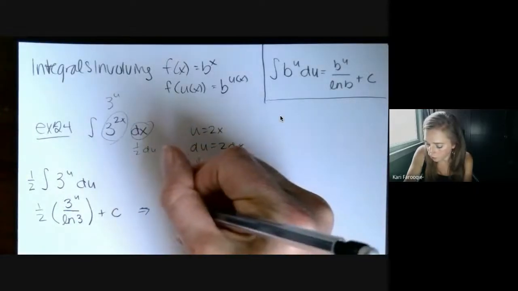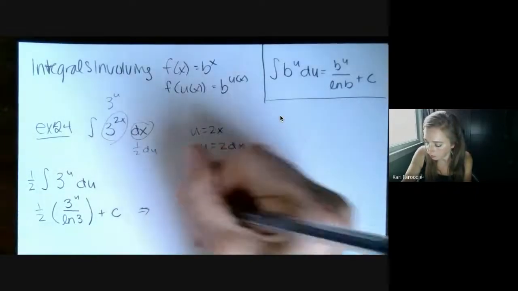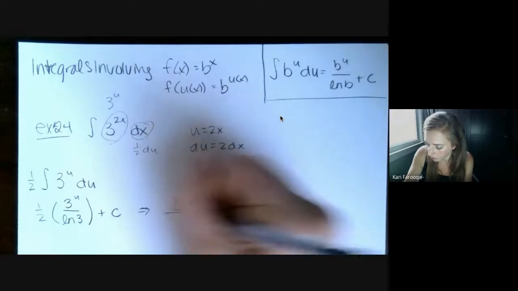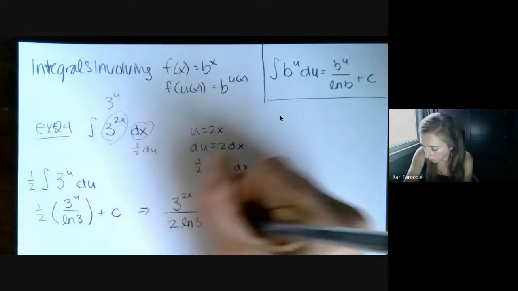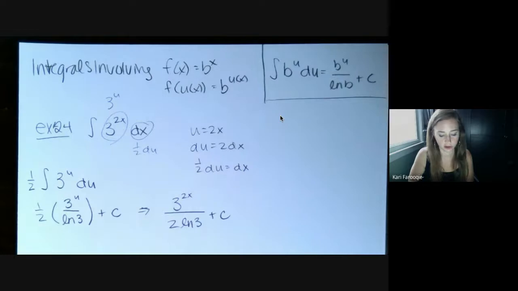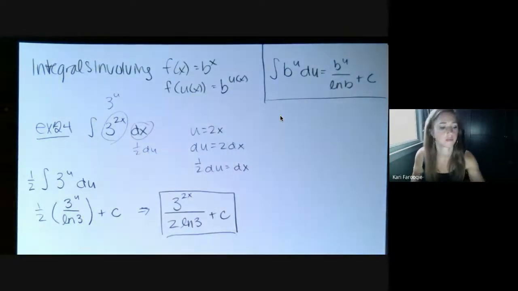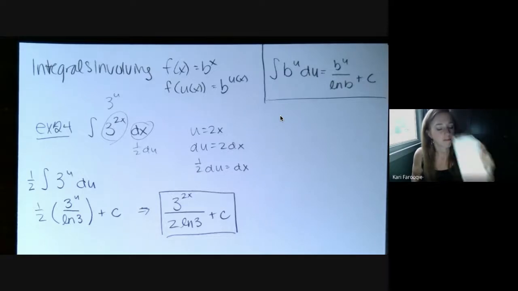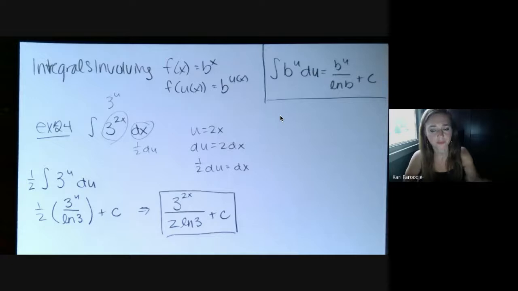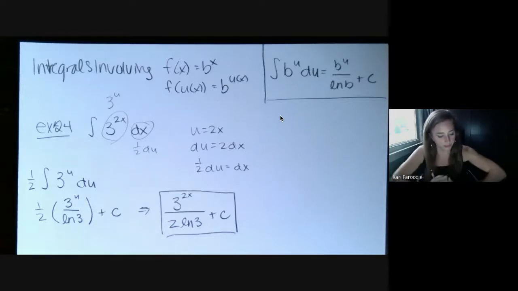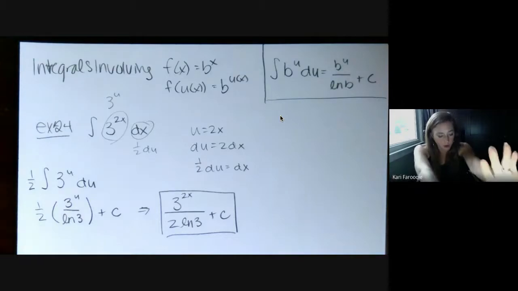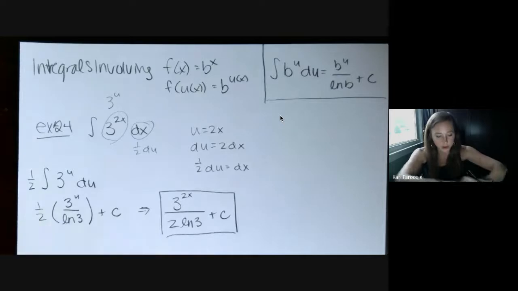And then we'll switch out u for 2x, so we'll have 3 to the 2x divided by 2 ln 3 plus c. All right, so we'll do one more of these, and then I'll do the longer one, and then we'll be done.